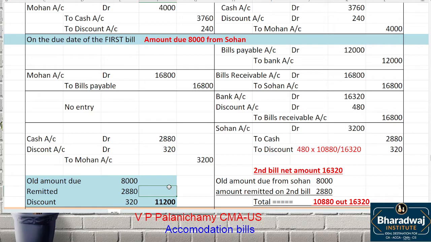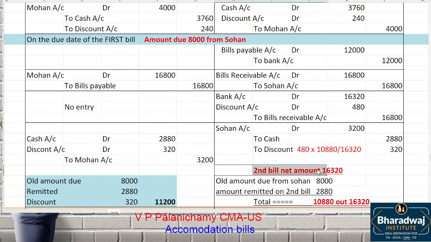Sohan to Mohan, 11,200 is due. Any doubt in it? Clear?